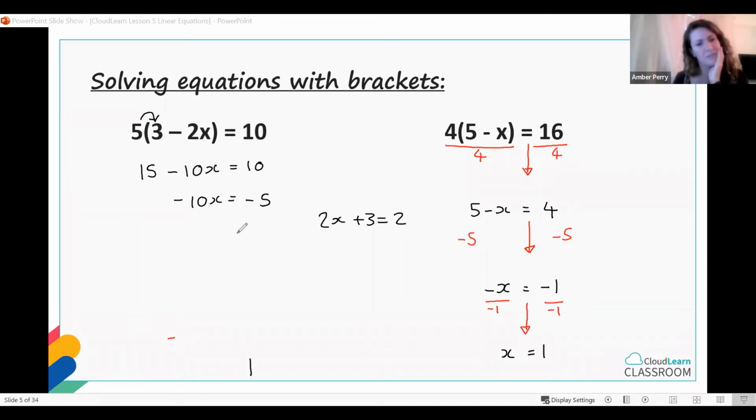Have I done something wrong here? And then x is, I must have done something wrong here. Then 5 divided by 10 equals 1/2. Is that right?